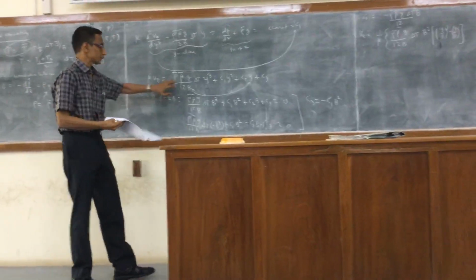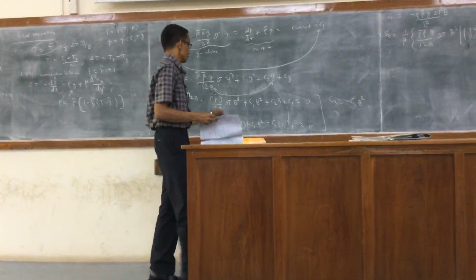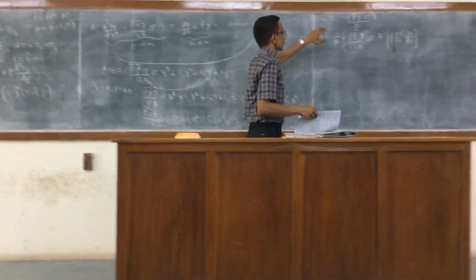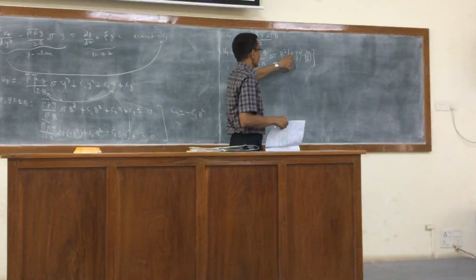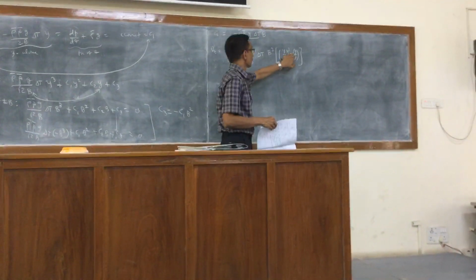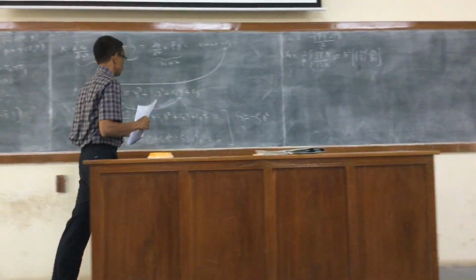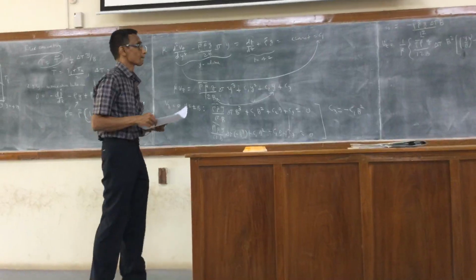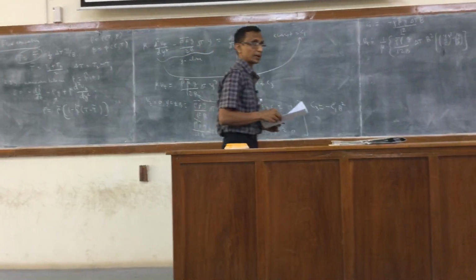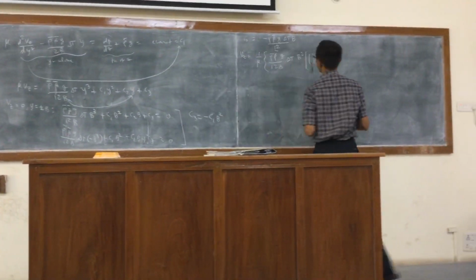C2 is very much related to this coefficient. So I take a b squared out as common, and then I get y cubed by b cubed minus y over b. You can easily verify that. Right? So that can be easily verified.